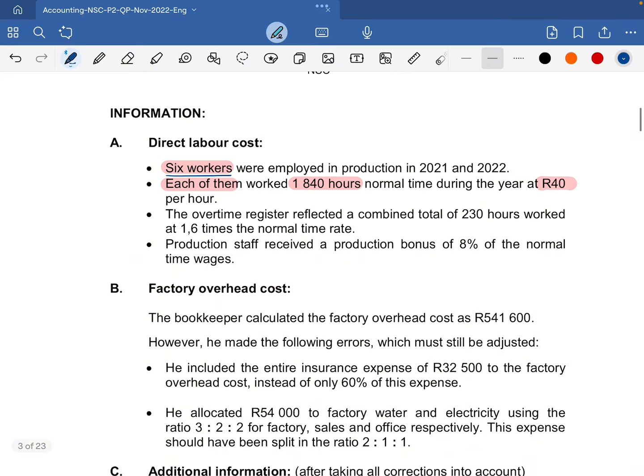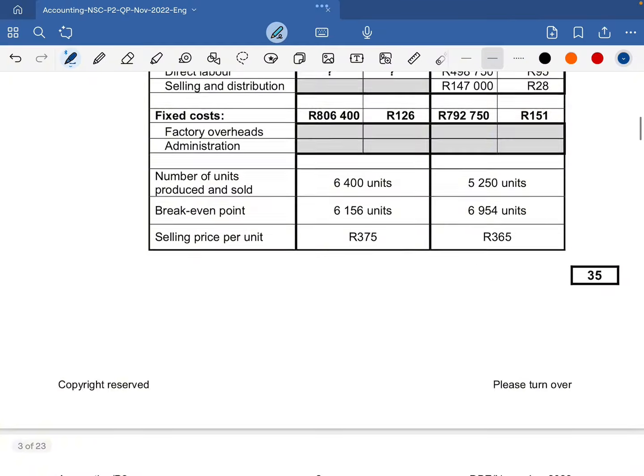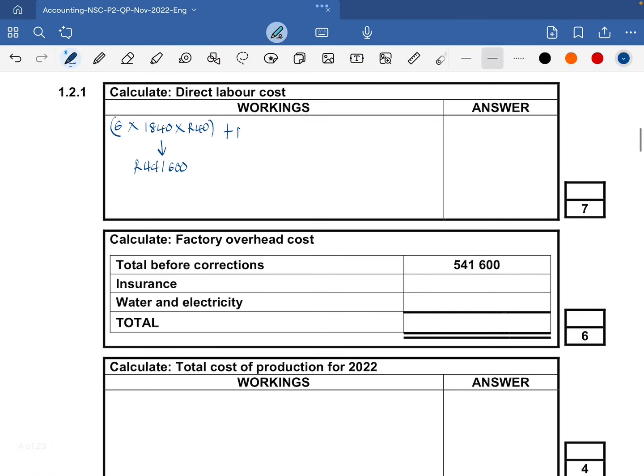Third bullet point says the overtime register reflected a combined total of 230 hours worked at 1.6 times the normal rate. Okay, so they get paid 1.6 times the 40, and this is the combined total. It is not the individual hours that each worker worked, but the total that all of them worked. So we have 230.